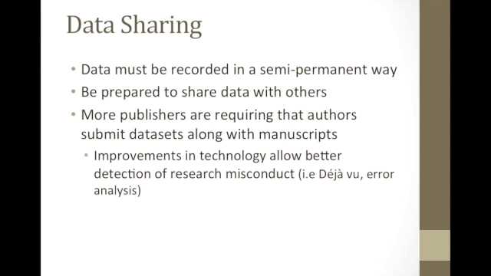That error analysis basically allows us to look at humans who maybe have falsified data, because unfortunately humans don't enter data at random. Humans have patterns when they make up data, and error analysis allows us to detect whether it's human-created data versus data that you actually collected in the real world. So we've gotten pretty good at detecting some of this data fabrication and data misconduct.